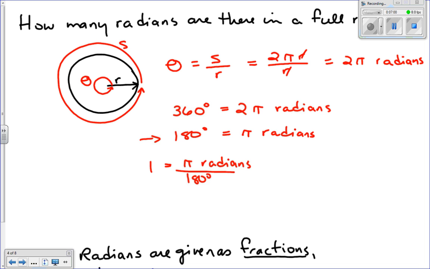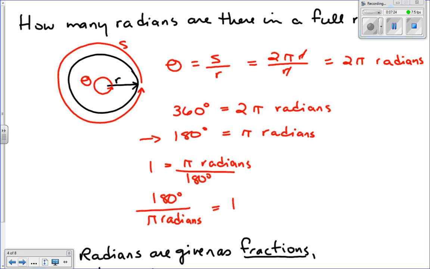Or if I divide both of these sides by pi radians, I'll get 180 degrees divided by pi radians is also equal to 1. This will come in very useful in a few seconds.